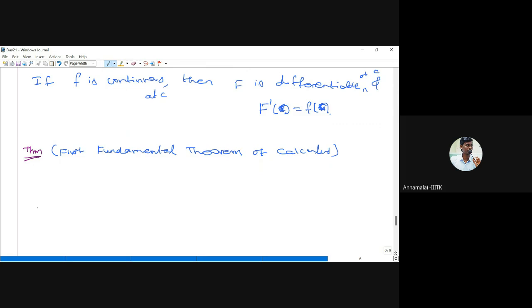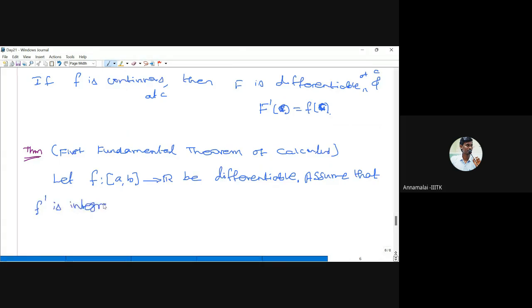What is the statement? Let f, a function from the closed interval a comma b to R, be differentiable. It is given that it is differentiable, which means it is always continuous, because every differentiable function is continuous. Assume that f dash is integrable on the interval a comma b.